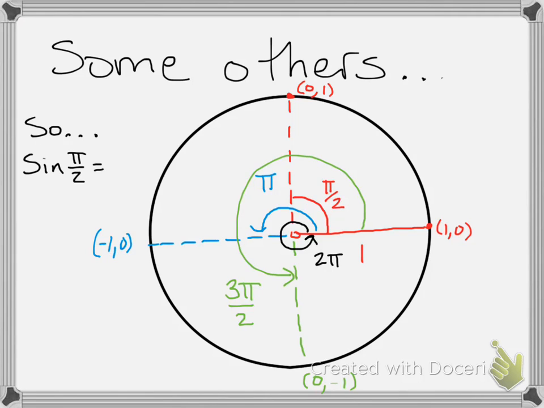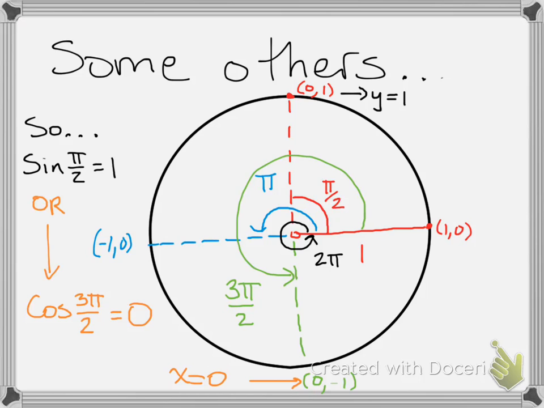So, sine pi by 2, well, the turn pi by 2 is the red angle. So if I look at that ending point, y is equal to 1. And remember from the previous slide, sine theta is equal to y. So if y is equal to 1, then that means that sine pi by 2 is 1. On the other hand, cos 3 pi by 2, if I look at the green angle, cos is the x part, so cos 3 pi by 2 is going to be 0.